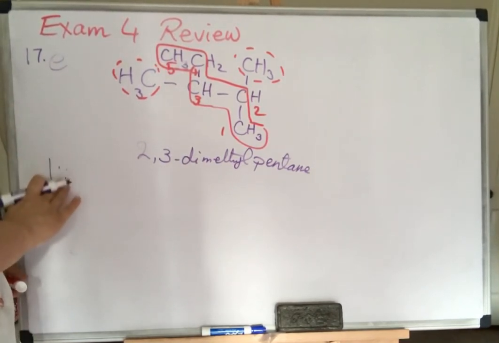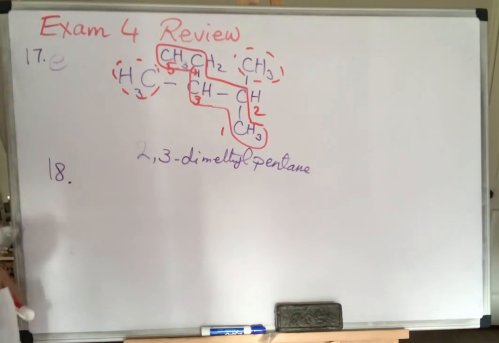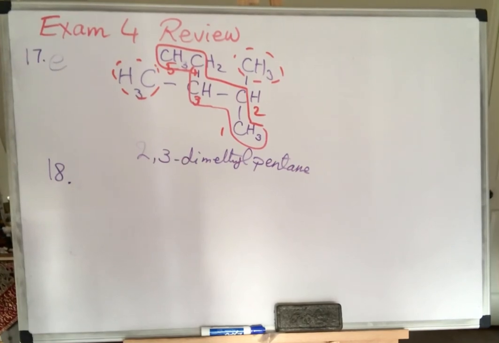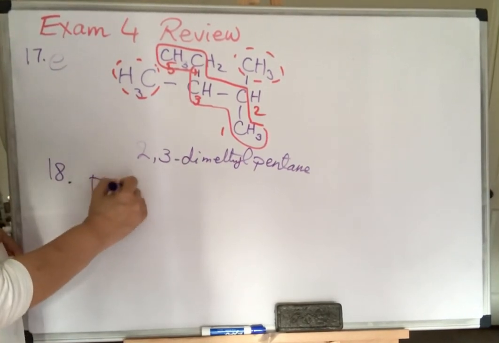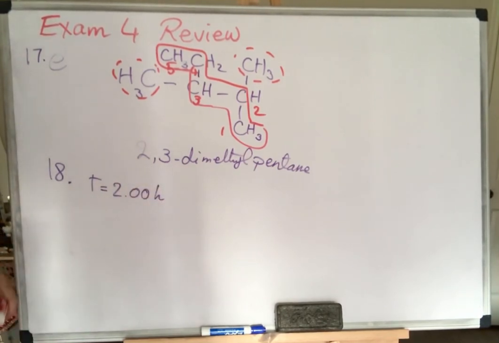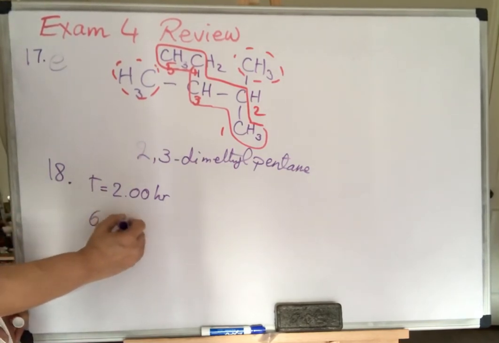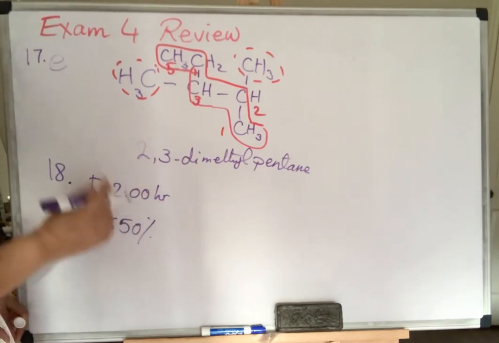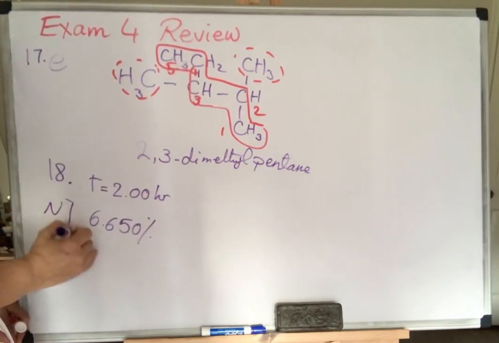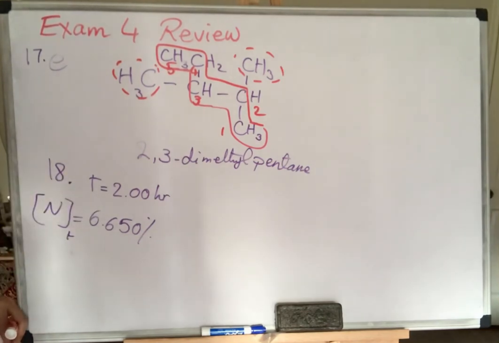Question number 18. This question is about chapter 20. A radioactive isotope undergoes decay by emission of a positron. After 2 hours, 6.650% of the initial amount of the isotope remains undecayed.